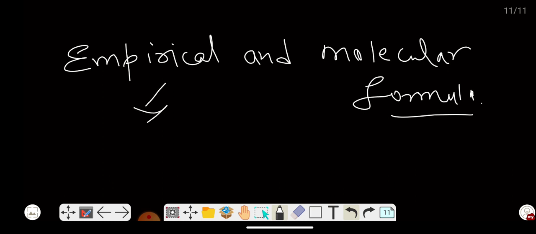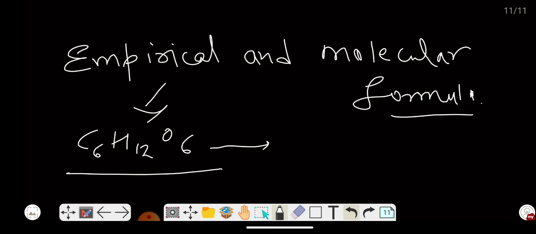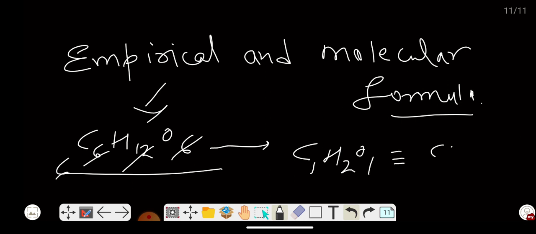The empirical formula gives the simplest whole number ratio of atoms in any compound. Suppose the formula for glucose is C6H12O6. Now the empirical formula for glucose: divide all by 6, then C1H2 and O1. So this can be written as CH2O. This is the empirical formula for glucose.